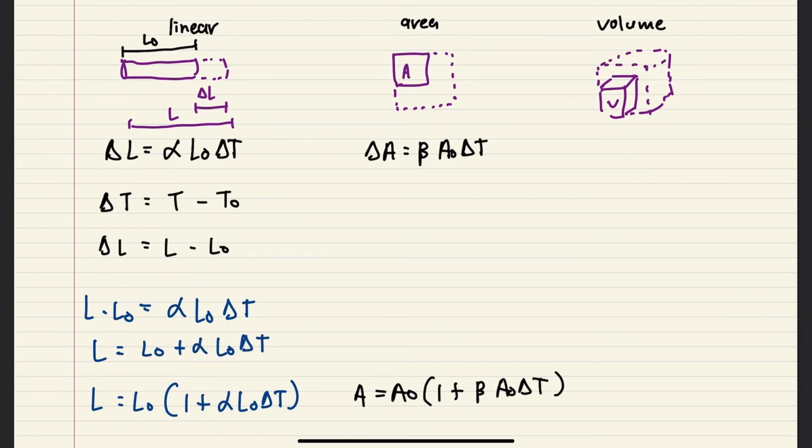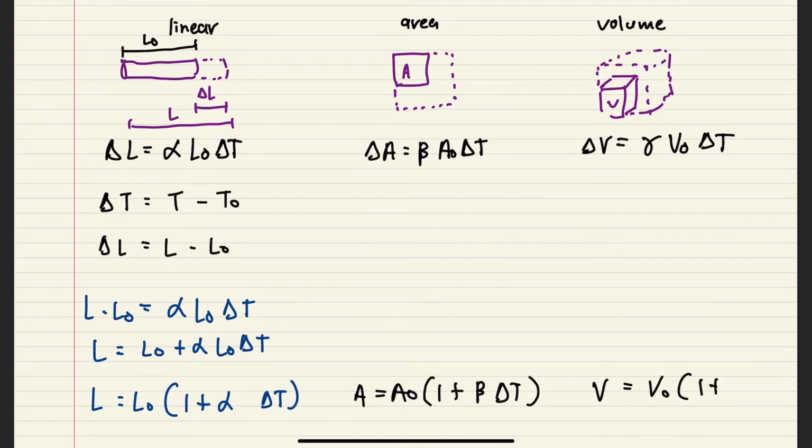We already factorized, so that one's done. Now for volume expansion, delta V is gamma V0 delta T, and V equals V0 times (1 plus gamma delta T).